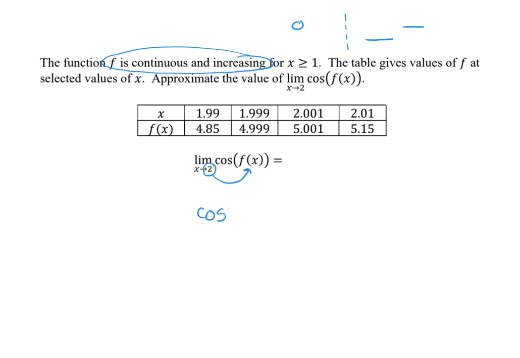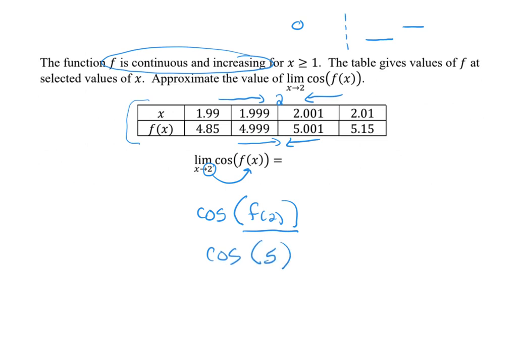So we have cosine of f of 2. Well, what is f of 2? Here we have the table for f of x. We don't have the actual value of 2, but as you're approaching 2 from the left and the right, the y values are both approaching 5. So we'll say this is cosine of 5.